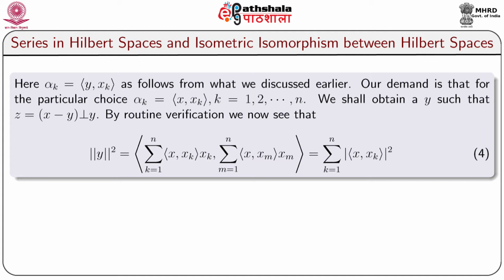By routine verification, we see that norm y squared equals the inner product of sigma k equal to 1 to n inner product x comma xk times xk, and sigma m equal to 1 to n inner product x comma xm times xm, which equals sigma k equal to 1 to n modulus of inner product x comma xk squared. This is equation number 4.